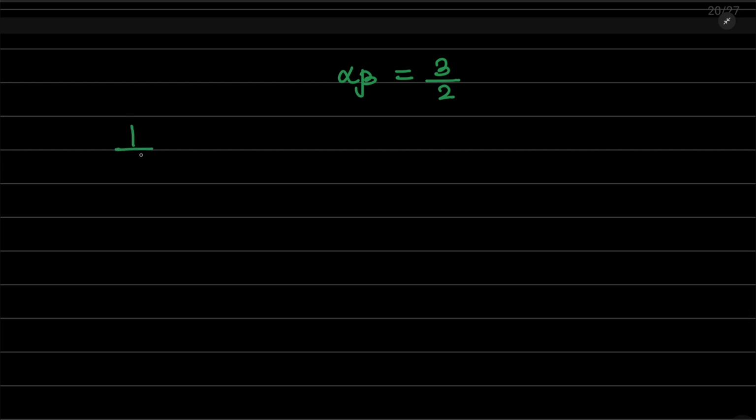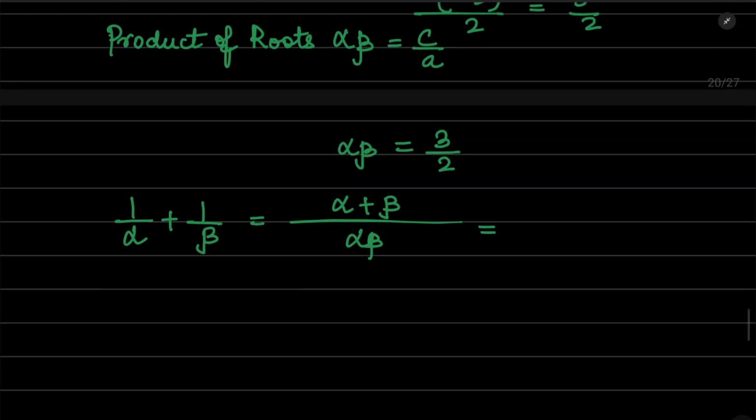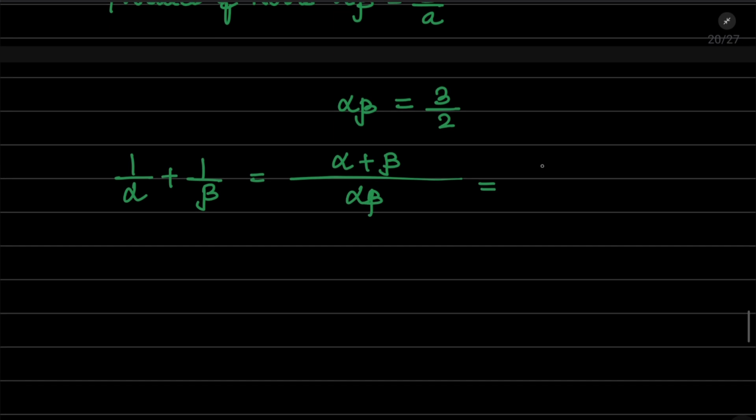You have to find the value for 1 by alpha plus 1 by beta. So take the LCM. When you take the LCM, alpha beta, numerator you will have beta plus alpha or alpha plus beta, right? What is alpha plus beta? 5 by 2. So 5 by 2 divided by alpha beta is 3 by 2.